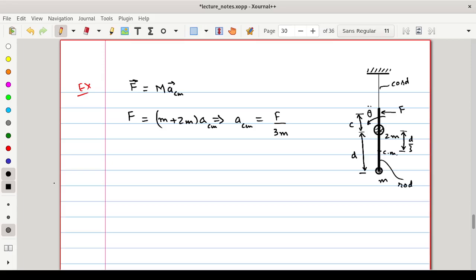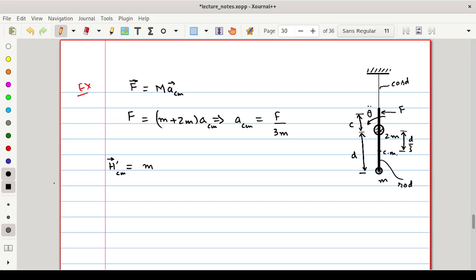Now we will calculate the relative angular momentum of the system with respect to its center of mass. For the first mass m, we need its relative velocity with respect to the center of mass.